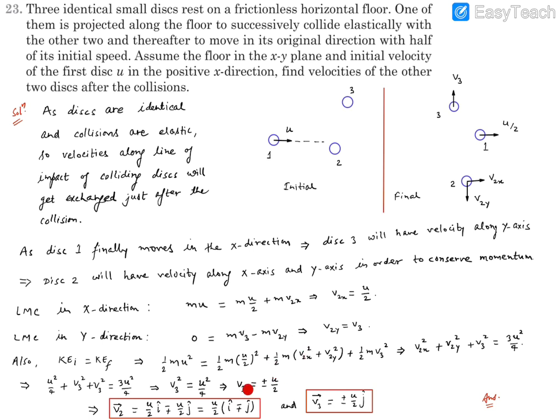So if we take plus j cap for v3, then this will be minus j cap. If we take plus minus, then this will be minus plus, so minus plus u by 2 j cap. Ultimately v2 came out as a vector u by 2 within brackets i cap minus plus j cap, and v3 is plus minus u by 2 j cap. So these are the possible velocities after the collisions stated here. That's how it's done. Thank you.